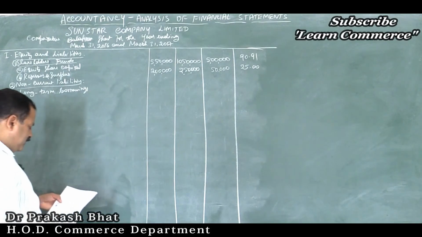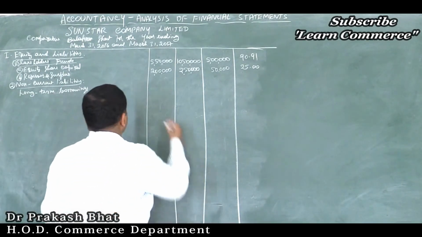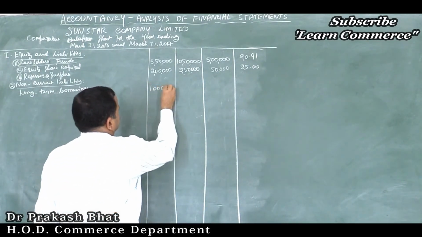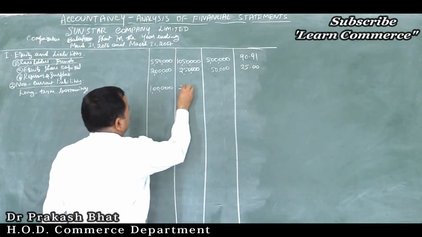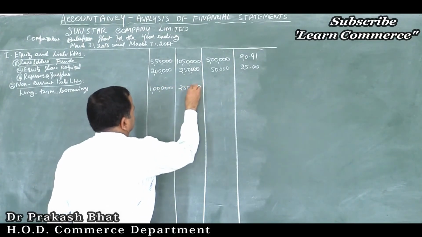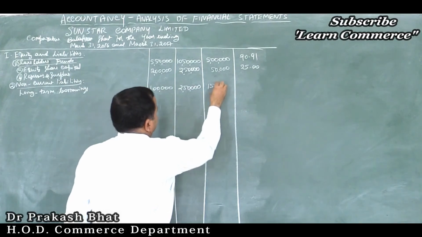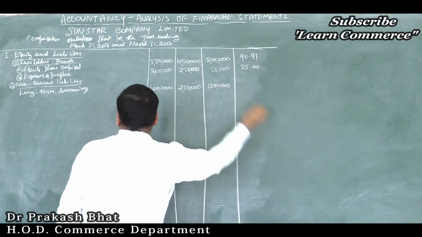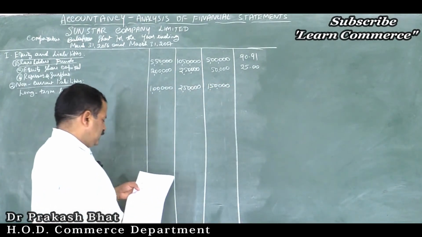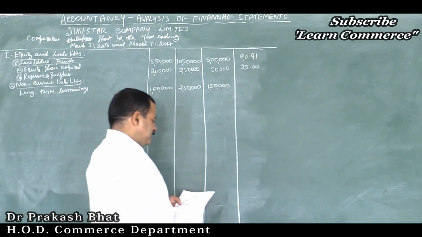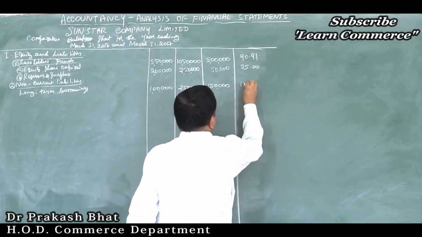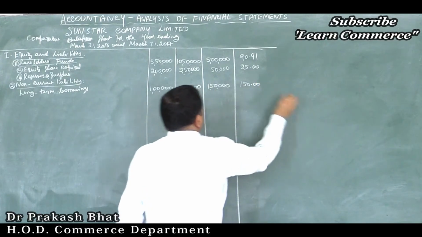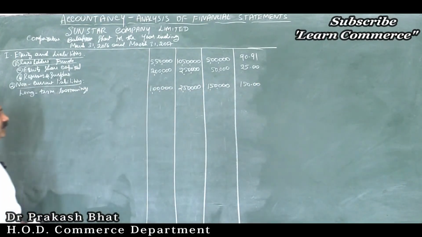Write the amount, how much is it? 1 lakh and 2,50,000. There is an increase of rupees 1,50,000. Am I correct? So percentage increase is 150%. Then comes current liabilities.